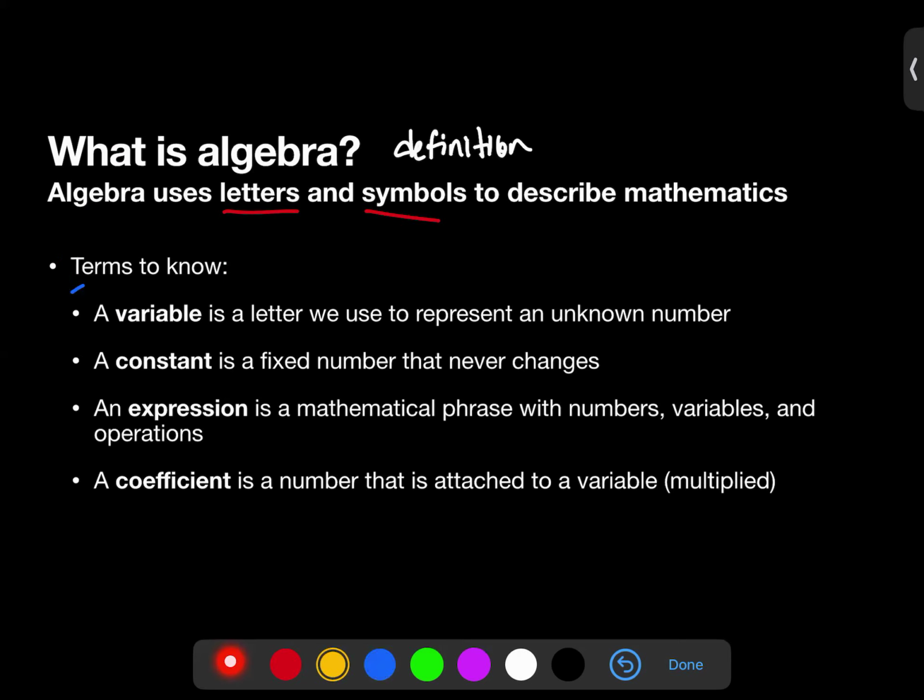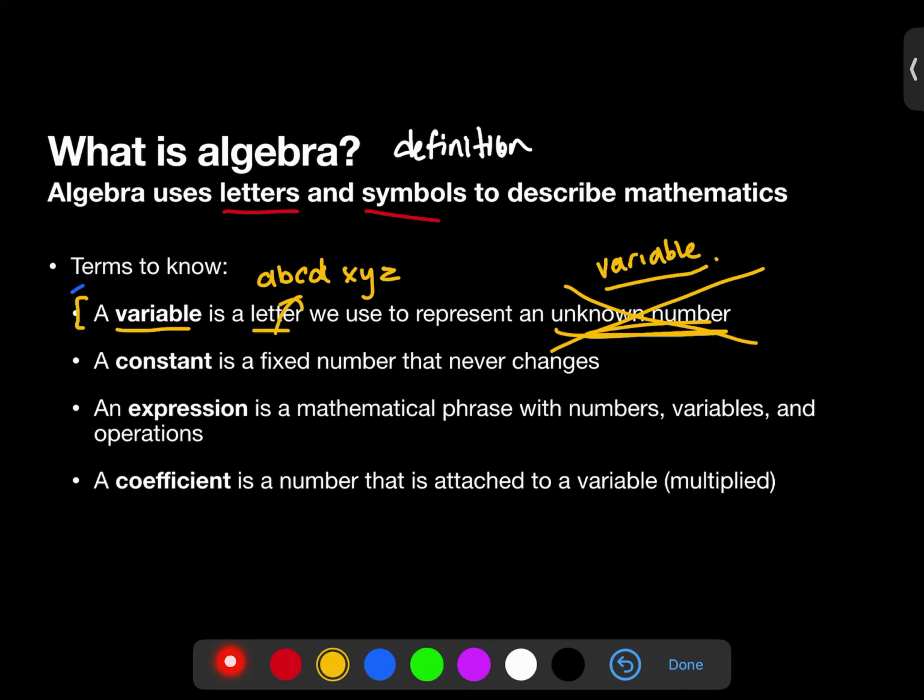First are variables. Variables are English letters like A, B, C, D, X, Y, Z, for example, letters that we use to represent unknown numbers. If we have to represent something in mathematics and we don't know the number, then we'll use a variable.